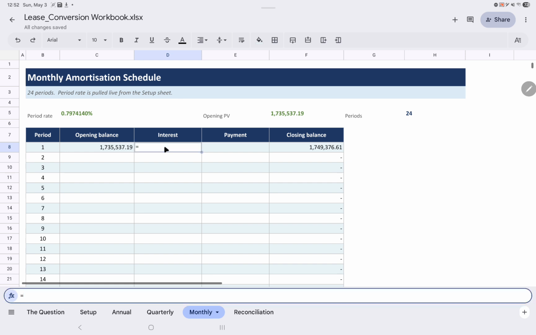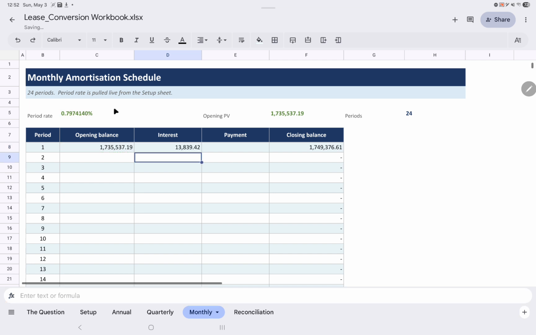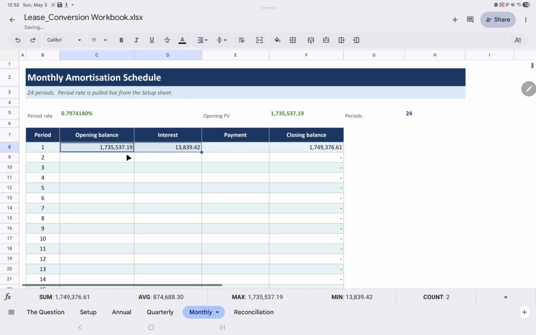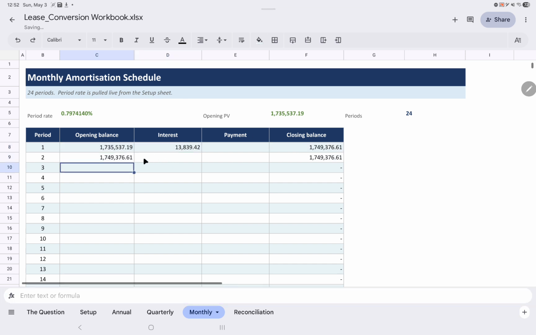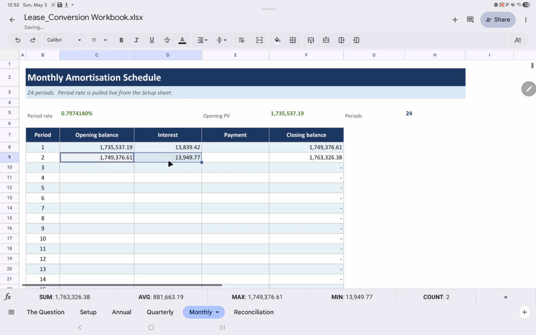Monthly, we will say this times this rate, and then we lock the cell. And then this opening balance will be our closing balance. I double click this, and that one.